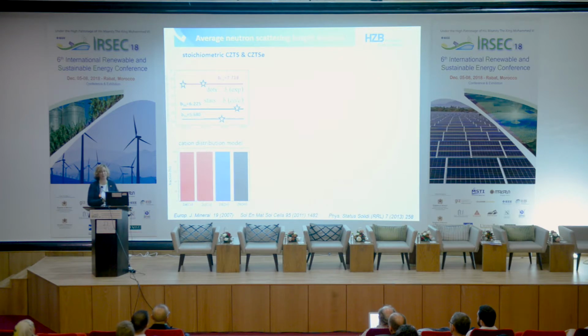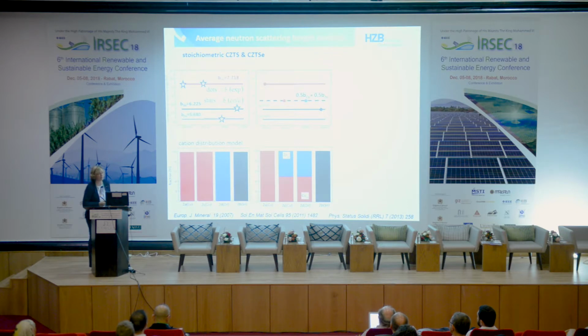I can tell you we have never seen something like that in any sample. So we started with stoichiometric material a long time ago, and we measured something like this. For the 2A site, the experimental value is nicely on the copper line, and also for the 2B site, the value is on the scattering length of tin.